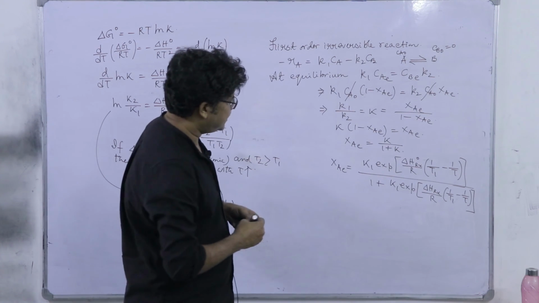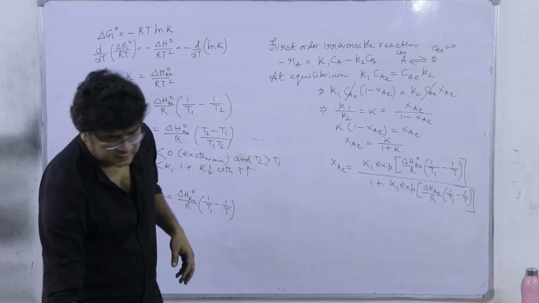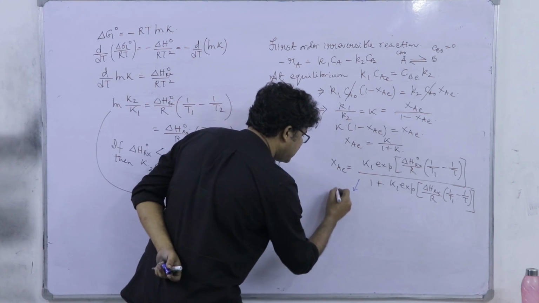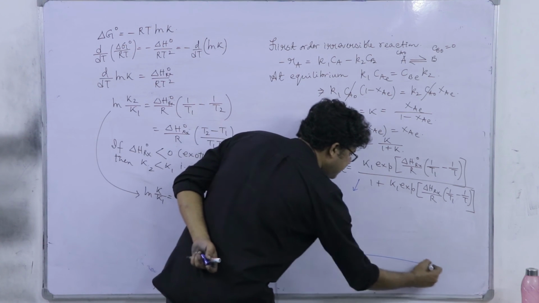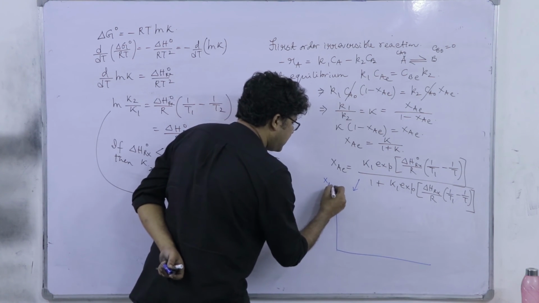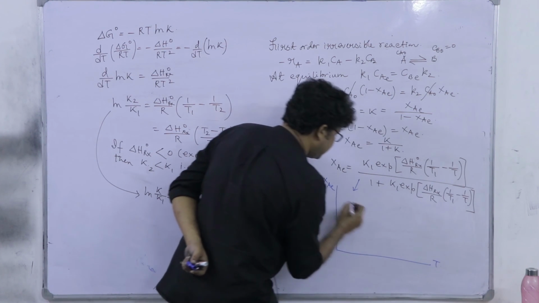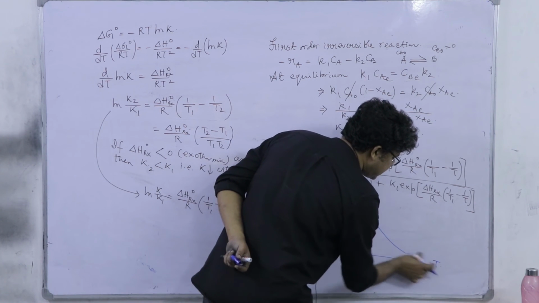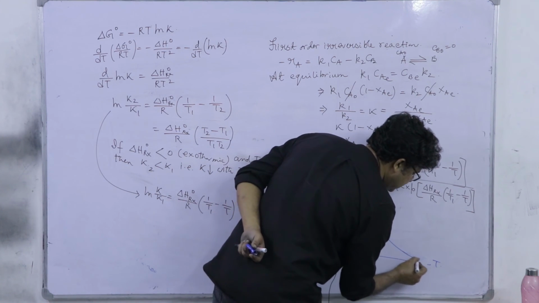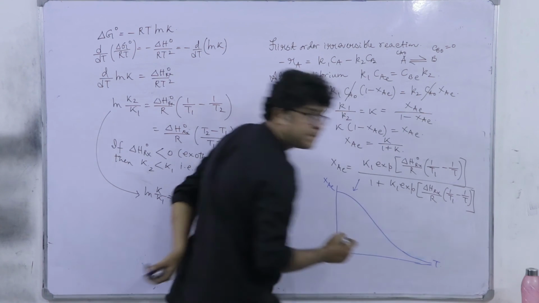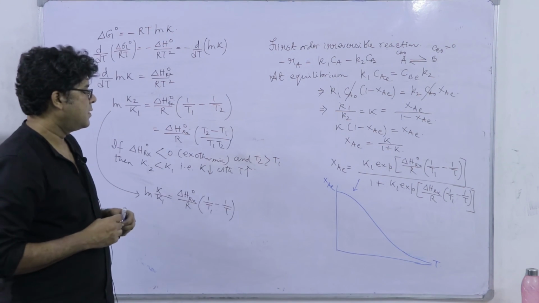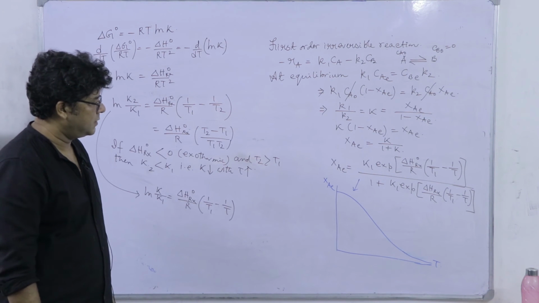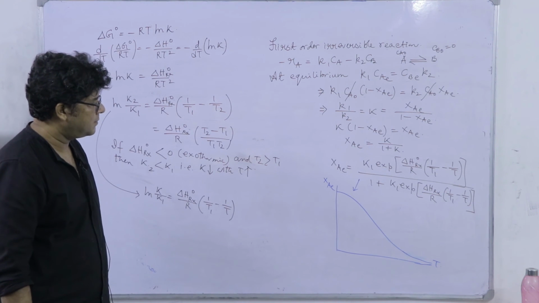So if I plot the graph of this XAE versus temperature, it will be a kind of graph like this. So the equilibrium conversion progressively decreases with increasing temperature.